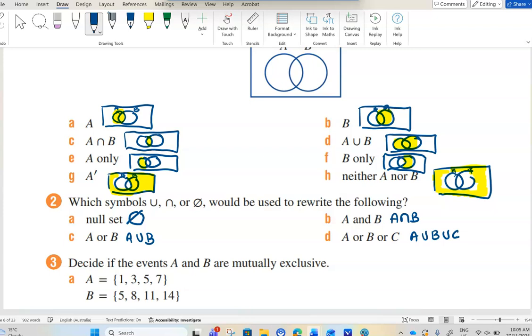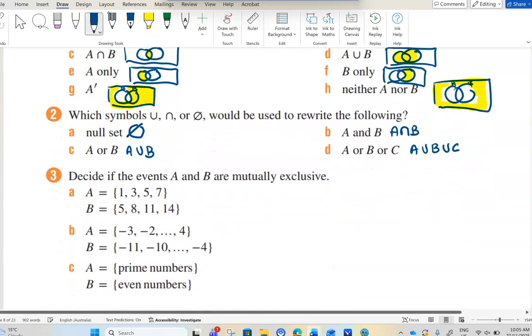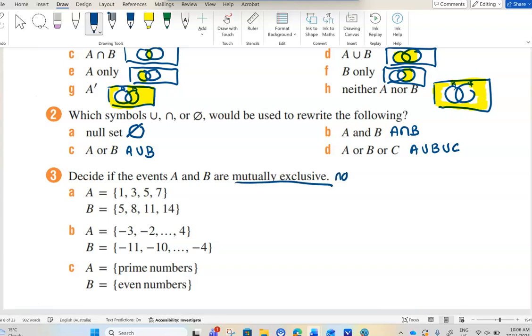It says decide if these events are mutually exclusive. Remember, if it's mutually exclusive, no common elements. So we look at this first set here. Is there a number that's the same? Isn't there 5 in both? So that is not mutually exclusive.